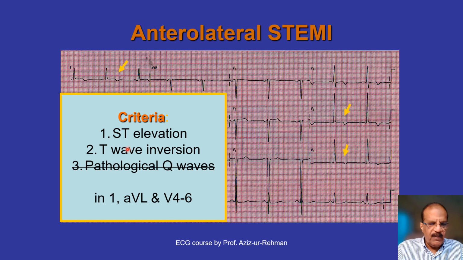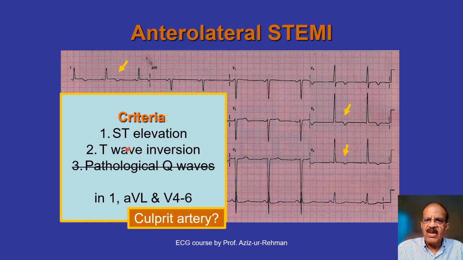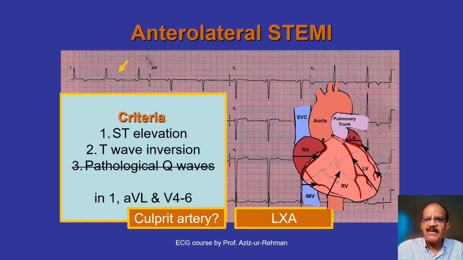Now, which artery is affected? You remember which artery supplies the lateral side of the left ventricle? I'll show you the picture. This one, left circumflex, the branch of left main artery which goes laterally and then backward.